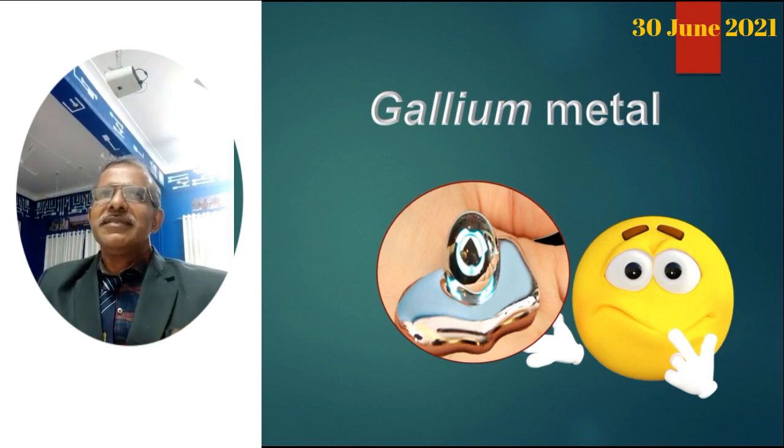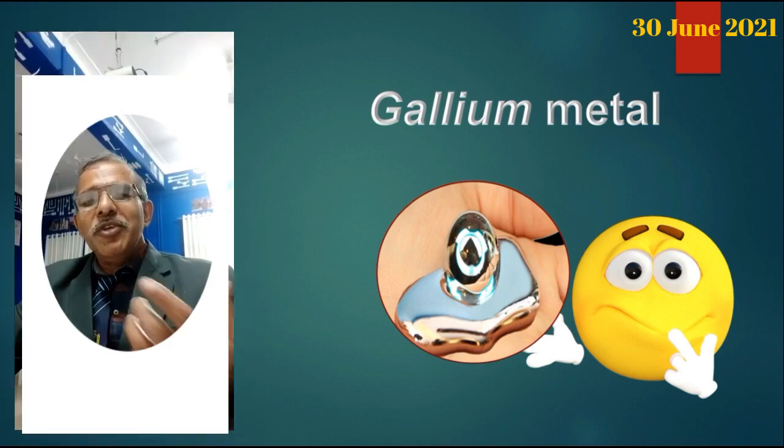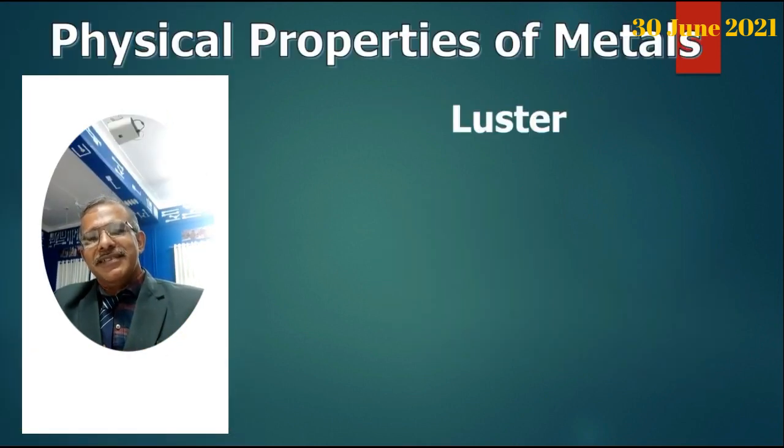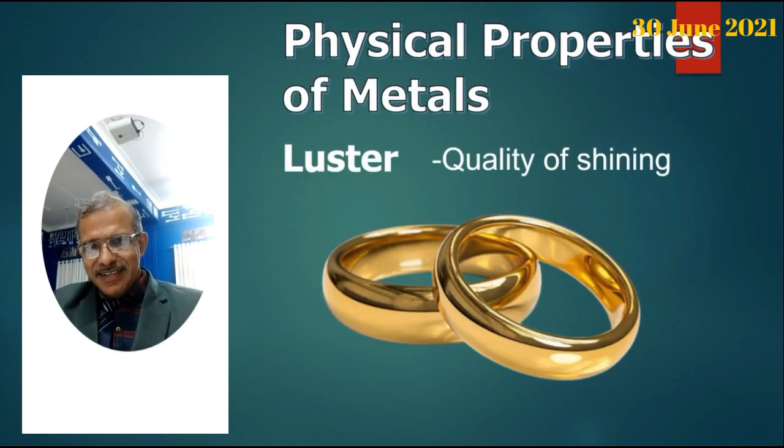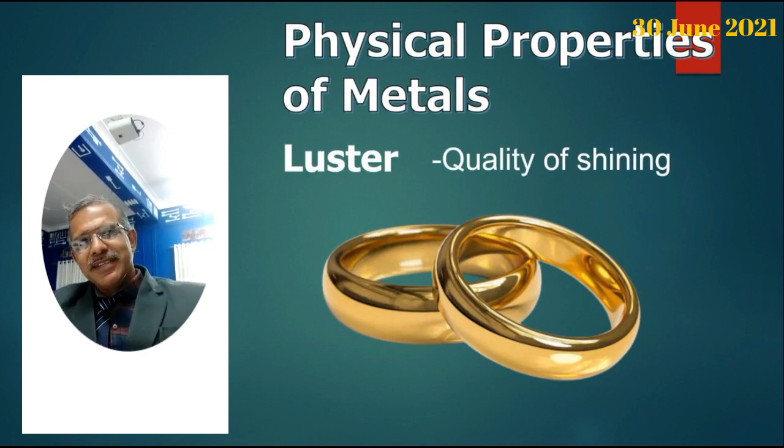Now we have studied about luster. And what do you mean by luster? Luster is a quality of shining, right? A metal shines. And why do metals shine? Because the light which falls on the metal reflects properly.